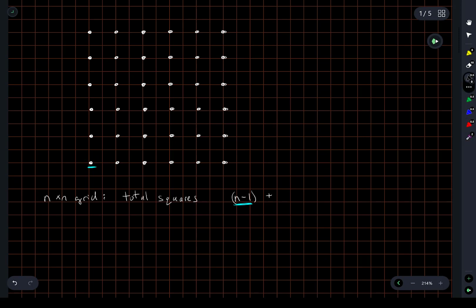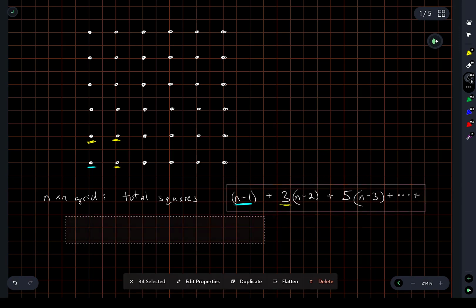And then I have plus 3 times n minus 2, because there are 3 dots corresponding to n minus 2 possible choices, plus 5 times n minus 3. And this is going to go up to, what is this going to go up to?